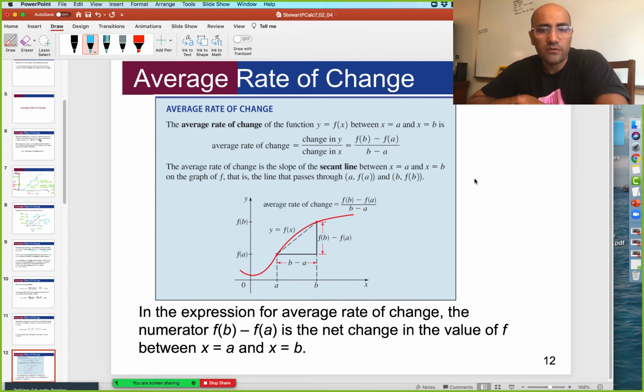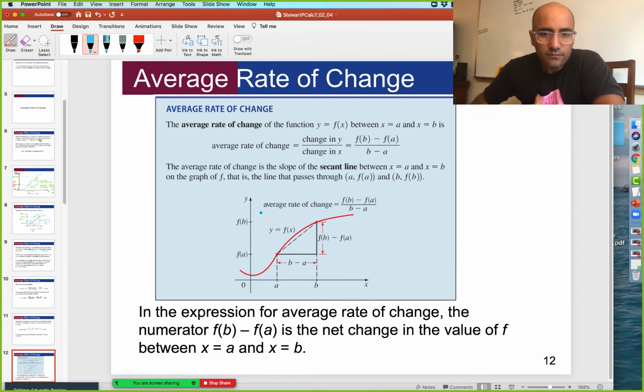So in general, here's more of a generic kind of graph. If we have this red curve, defined as a function f of x, and we want to find the average rate of change of f of x between x equals a and x equals b, then what we want to do is find the change in y and divide it by the change in x.